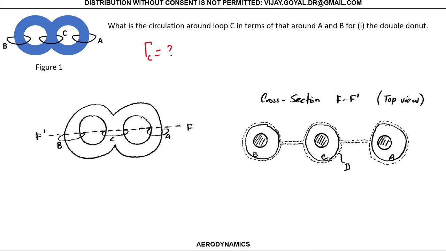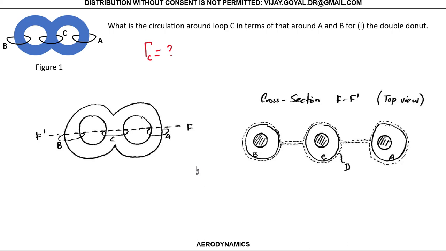This is B, C, and D. Those are the circulations around this. Now, I could have a big circulation D around all of this that joins all of these together, because whatever happens outside the loop C can be reducible.